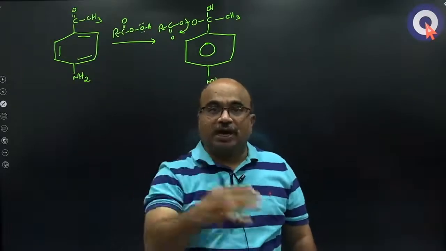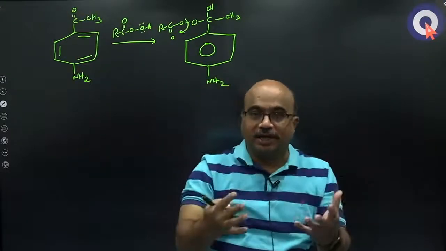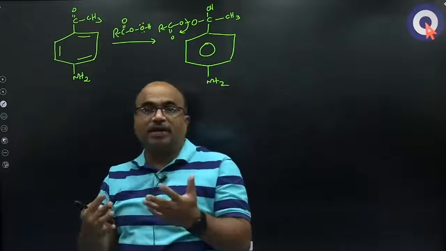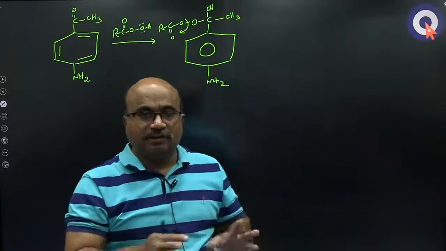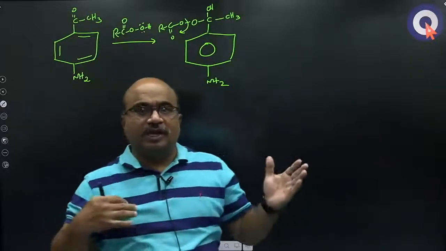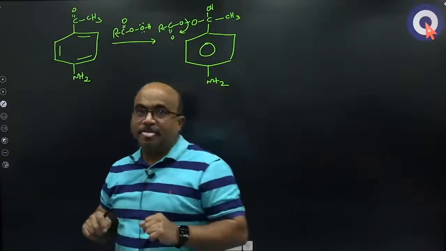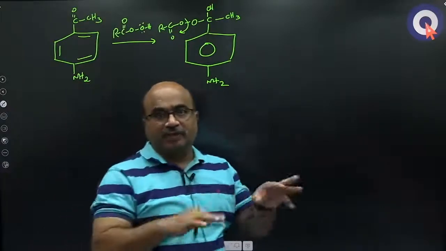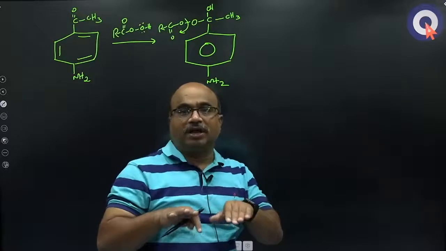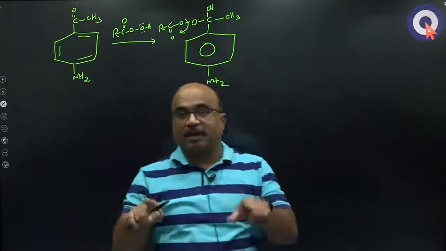Any group which is more electron dense is a good migrating group. So phenyl is a good migrating group. Clear? Generally compared to alkyl groups, but there are some changes in some reactions. Sometimes tertiary becomes better than phenyl. But here, in Baeyer-Villiger oxidation, secondary and phenyl are better.